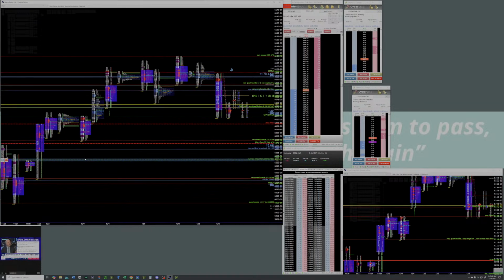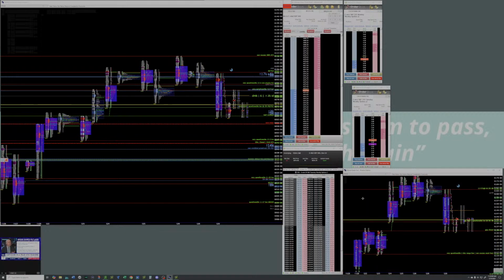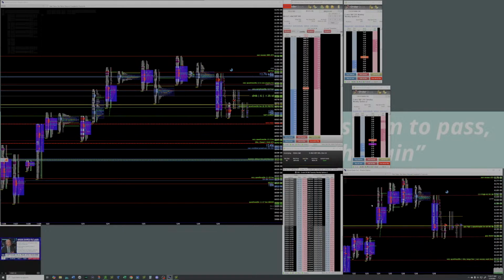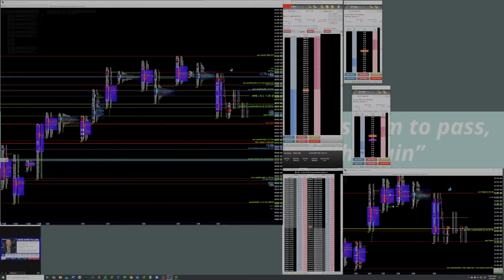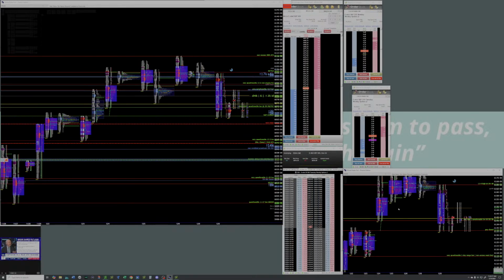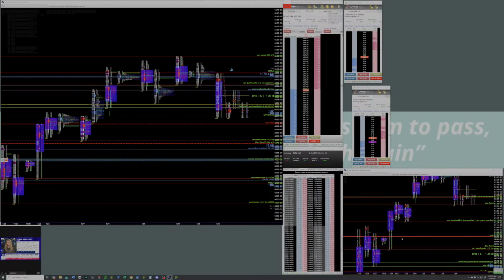And I have started to watch also the March contract. I have noticed something here, right? This mark here, this 6100 that I have here, is from Friday, Black Friday.